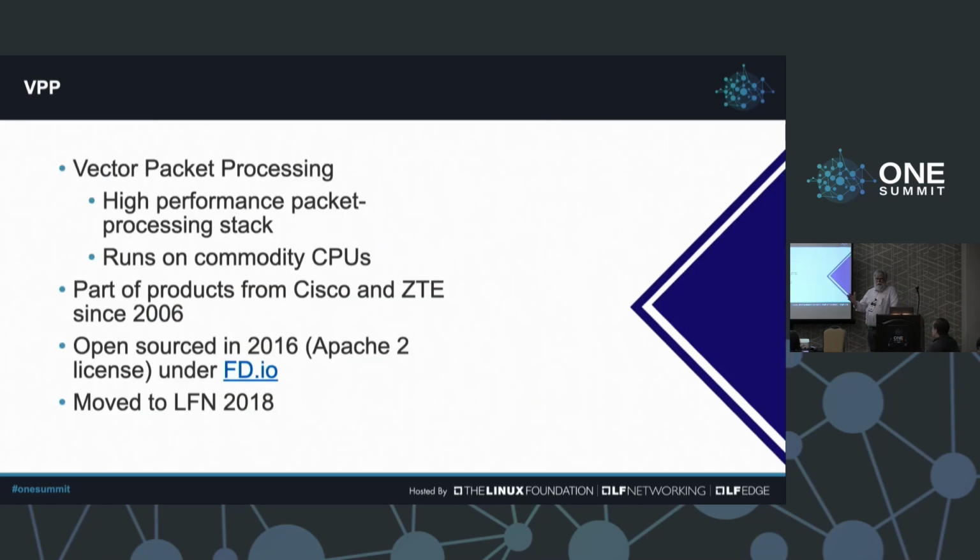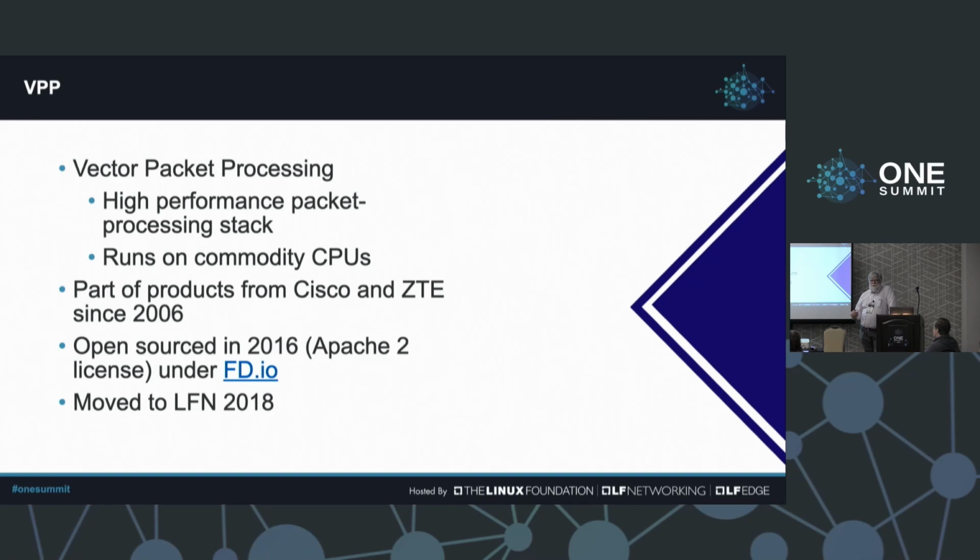So how many in here have heard of VPP? Great. Half of you. For the other half of you, VPP is a very high performance packet processing stack. It runs, like I said, on commodity CPUs. Get your Intel CPU from C2000s up.